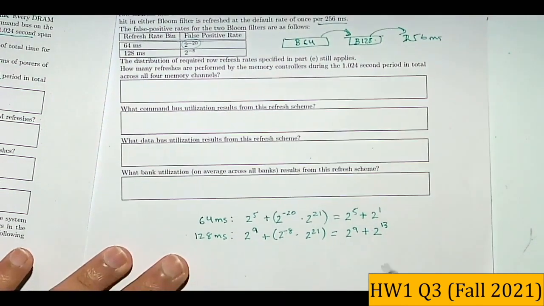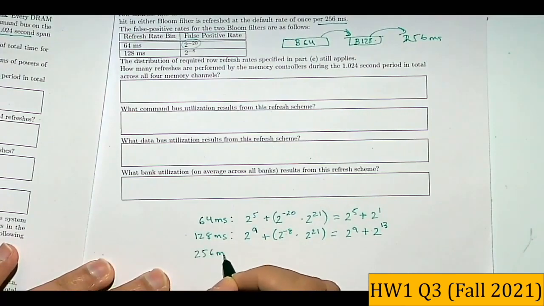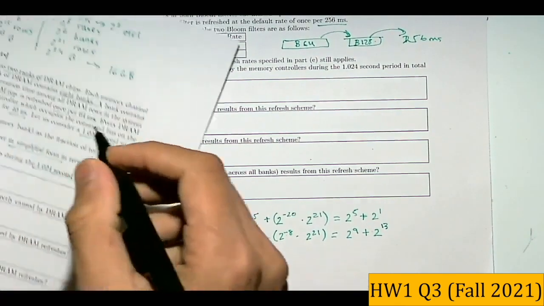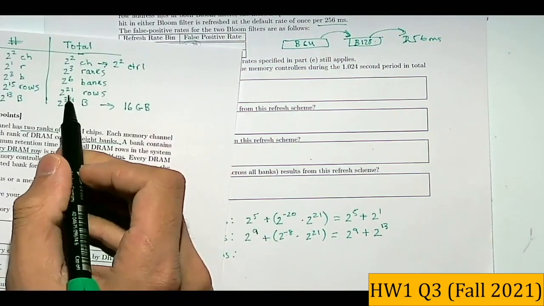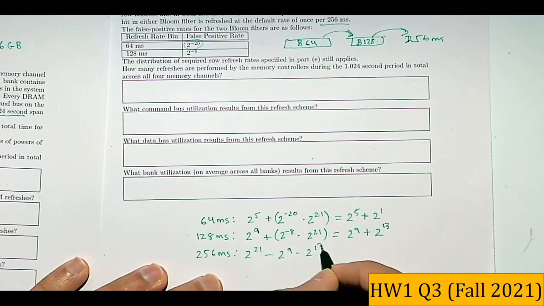Those will be everything that's refreshed at 128 milliseconds. And then we have 256 milliseconds, which is everything else. We compute it the same way as before: 2 to the 21 rows total, and then we subtract these quantities: minus 2 to the 9, minus 2 to the 13, minus 2 to the 5, minus 2 to the 1.